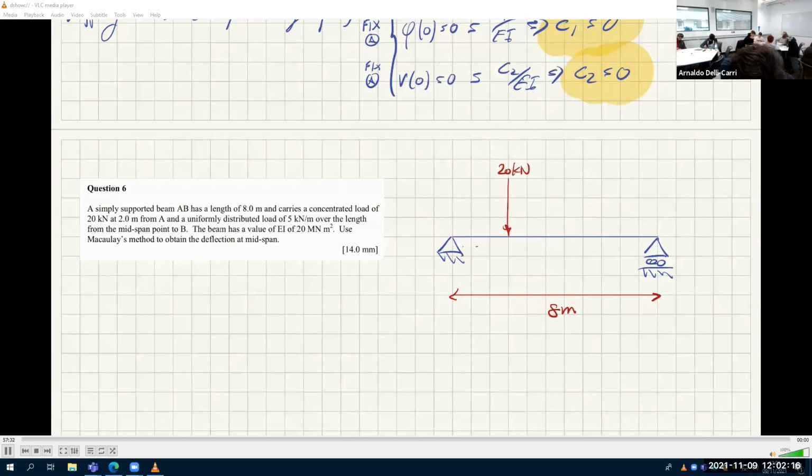So 1, 2, 3, 4, 5, 6. Of course, it's 11. This is 2 meters, and this is 1, 2, 3, 4, 5, 6.